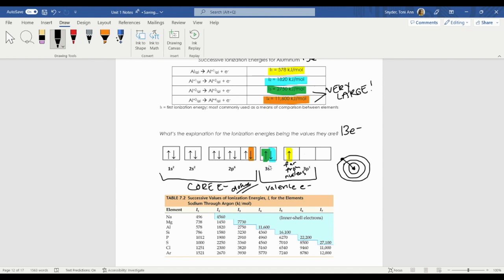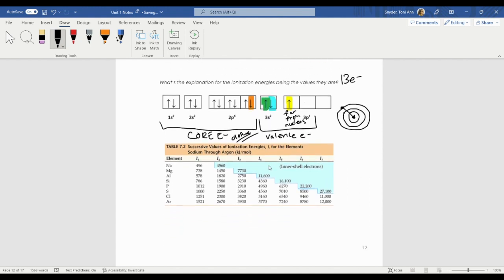So that's why we see such a huge jump in ionization energy, depending on whether we're talking about valence electrons or core electrons. Depending on whatever element you look at, you're going to see a massive jump once you get into your core electrons. Let's look at this little table right here.